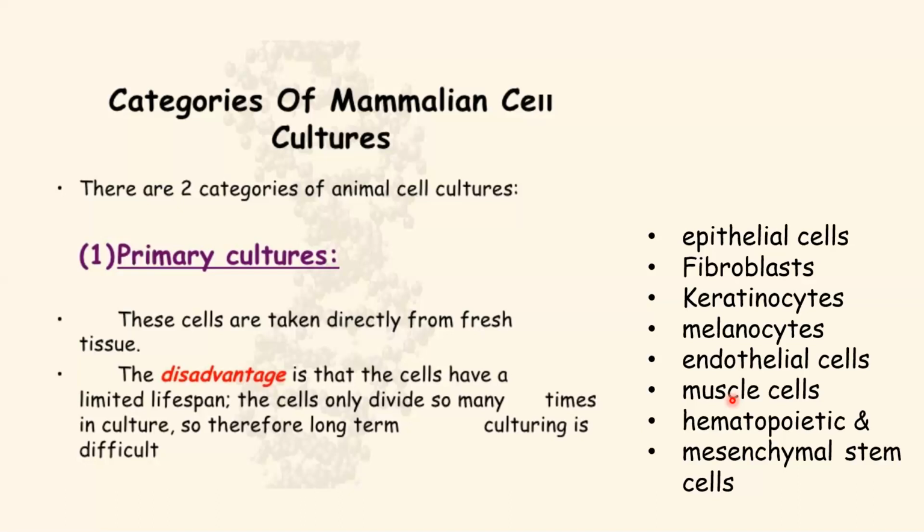Now, when a primary cell line transforms to become a continuous cell line, they can divide indefinitely and they can become immortal. Once they transform, they are no more primary, that change is irreversible, and they will be immortalized.